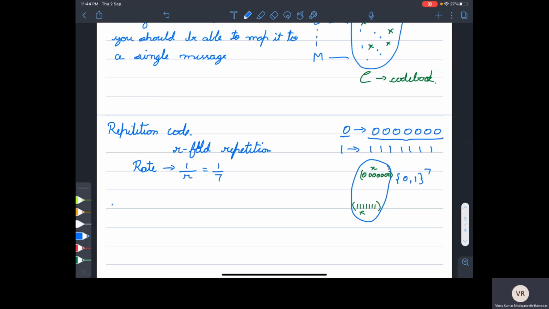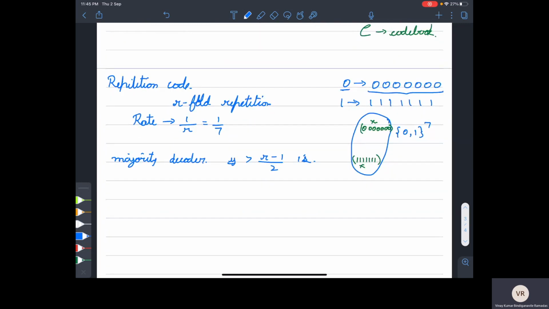Now if you use a majority decoder at the receiver, that is, if the received code word y has greater than r minus 1 by 2 ones, then you declare the message sent to be a 1.